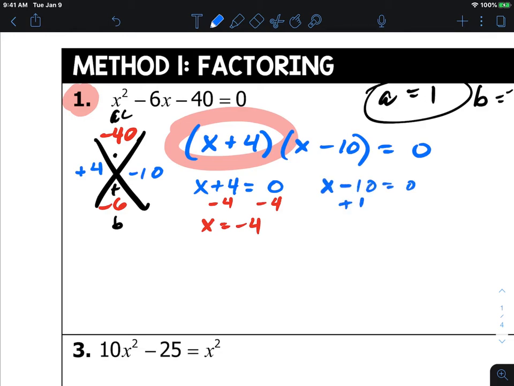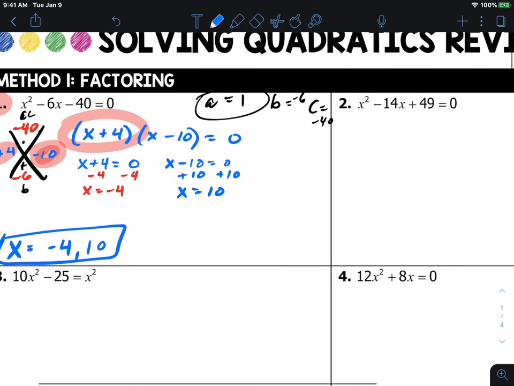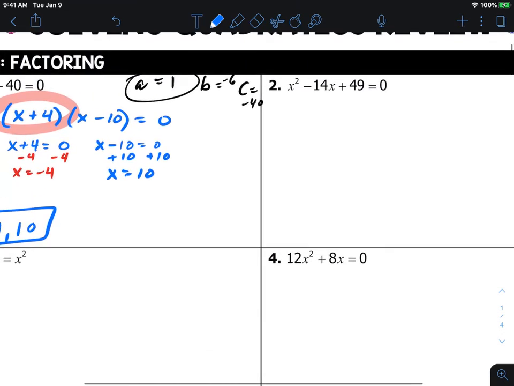When we add our 10 to both sides, we are going to get x is equal to 10. Yes, if you see the pattern, you literally just take for your answer the opposite signs there, right? Okay, so x was equal to -4 and 10. Box my answer, done.